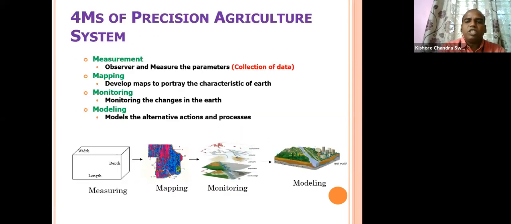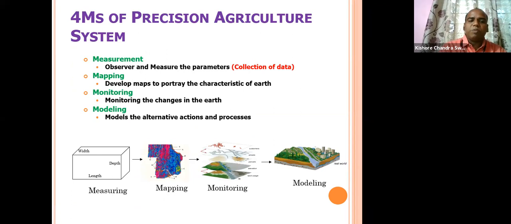Here, for any system we are developing, we talk about measurement, mapping, monitoring, and modeling. So we should collect some data. That data should be used for mapping the inputs. Then on the basis of inputs, we develop a monitoring system to control the applications.